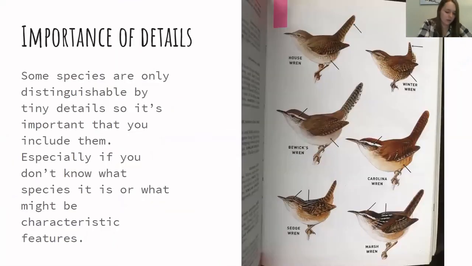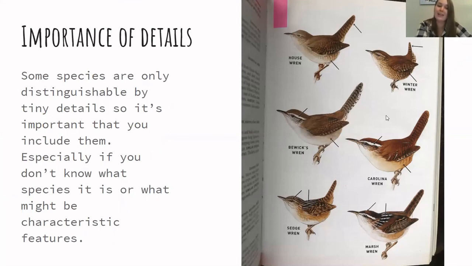Okay. So from here, it's up to you to add in details. Now this is especially important with species with difficult markings. Some species, such as these wrens, are only distinguishable by tiny details. So it's really important that you include them, especially if you don't know what the species is or what might be characteristic features.